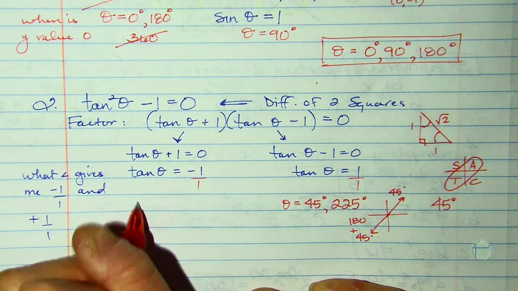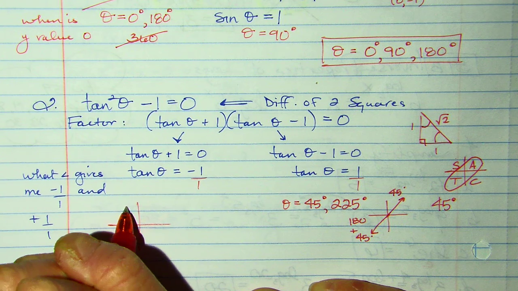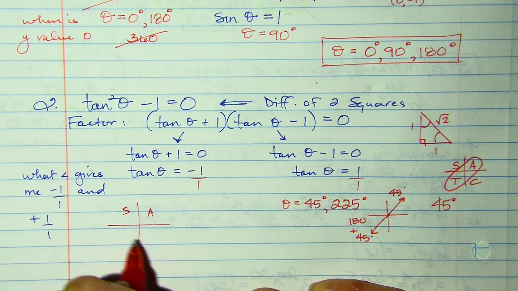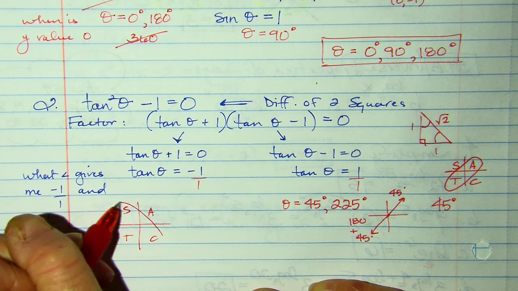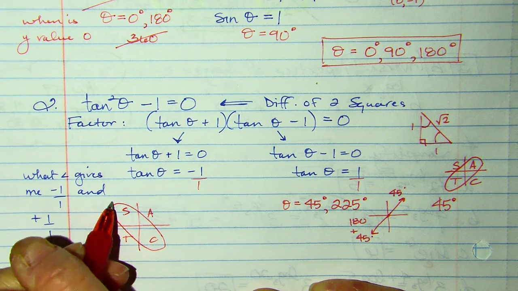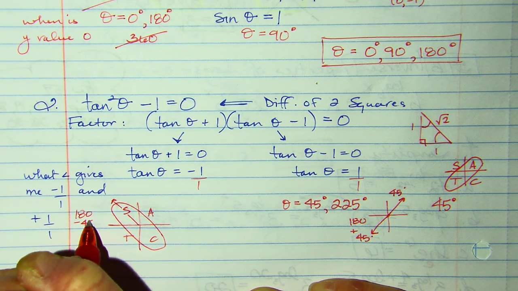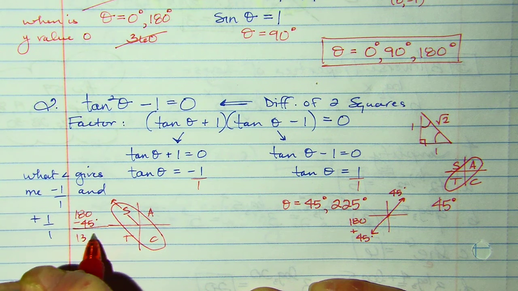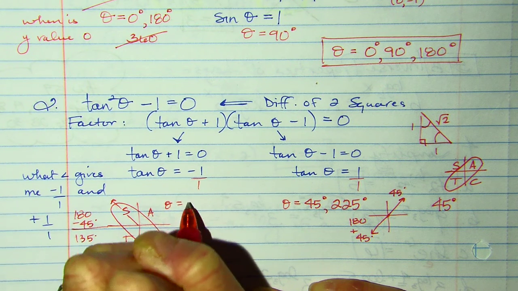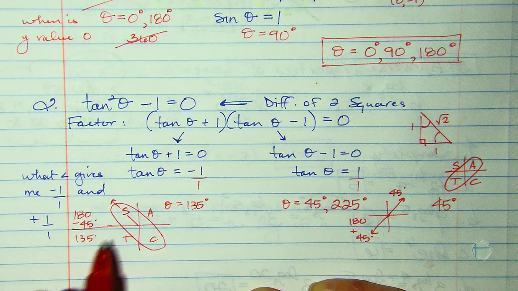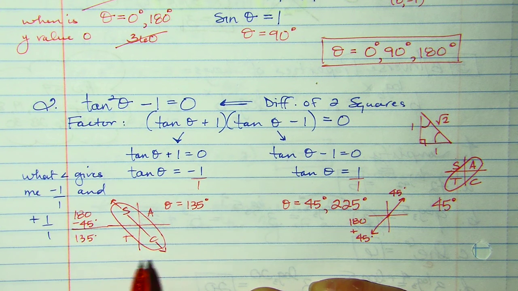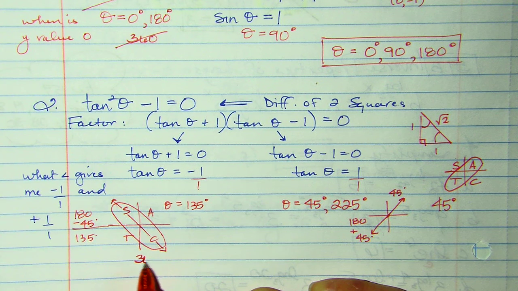Now, when is it negative? Tangent is negative. All students take calculus. It is negative in these two quadrants. So in this quadrant, it would be 180 minus 45, which is 135. So theta equals 135 degrees. And in quadrant 4, that would be 360, because you're almost a full circle, minus 45 degrees, which equals 315.